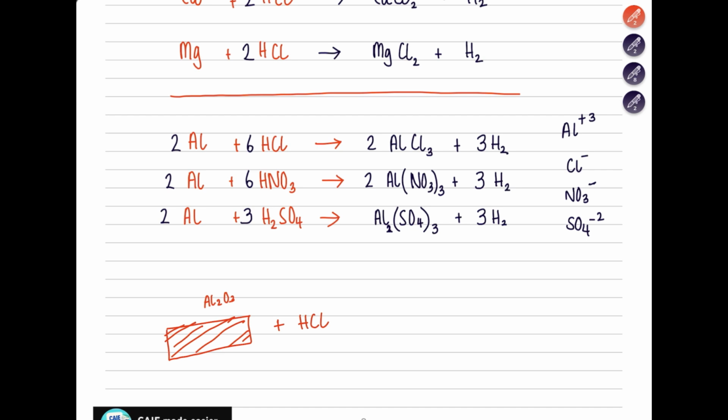So you cannot directly combine aluminum that has been left out for some time with hydrochloric acid. First of all, you need to remove and clear this layer. When you remove this layer, you get pure aluminum, and then you can react this aluminum block with your hydrochloric acid or whatever other material. It shows its true reactivity after removing the layer.